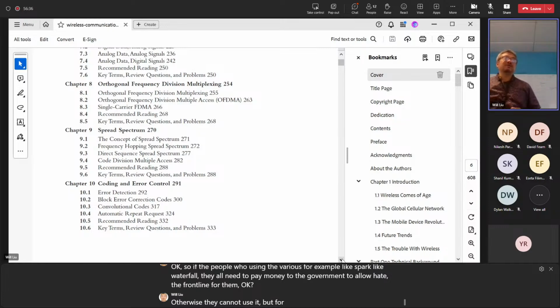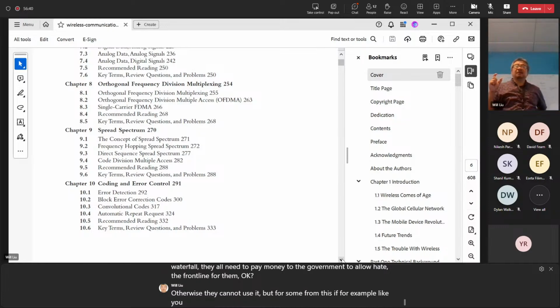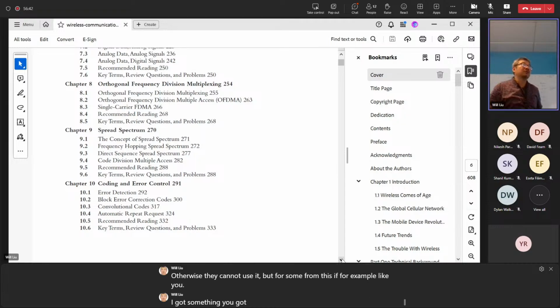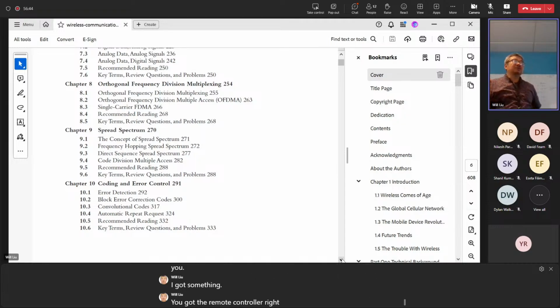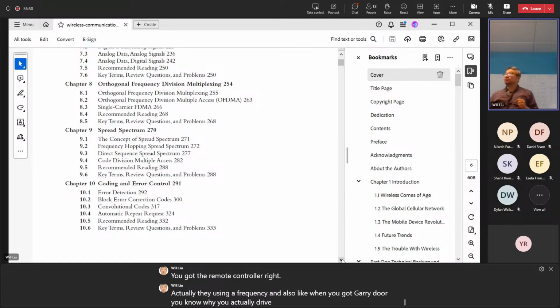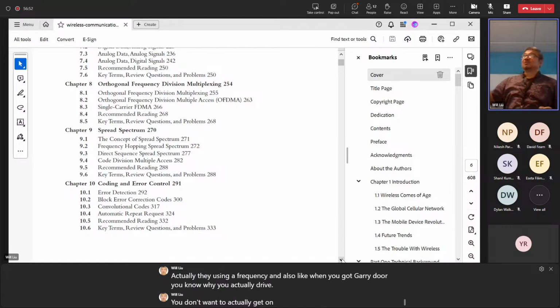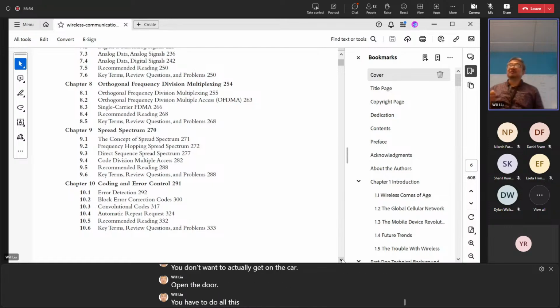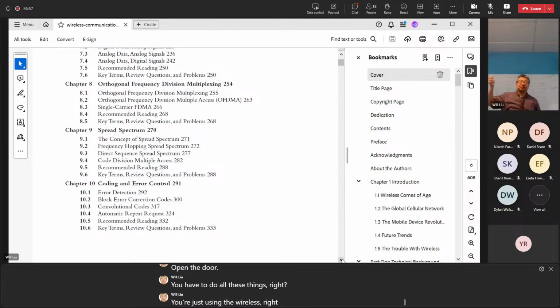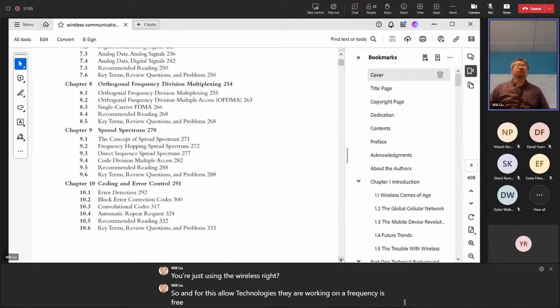But for some frequency, for example, something like a remote controller, actually they're using a frequency, and also like your garage door. When you drive, you don't want to get out of the car to open the door, you're just using the wireless, right? But for these sorts of technologies, they are working on a frequency that is free, industry free.